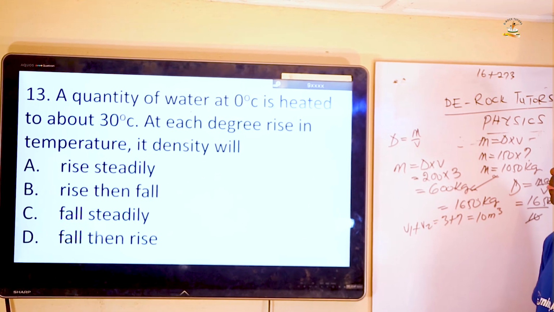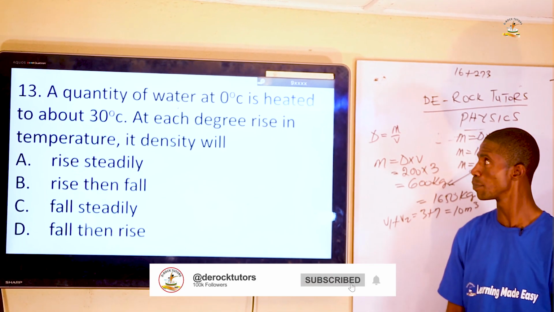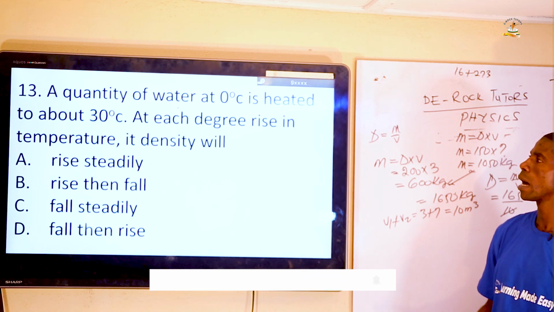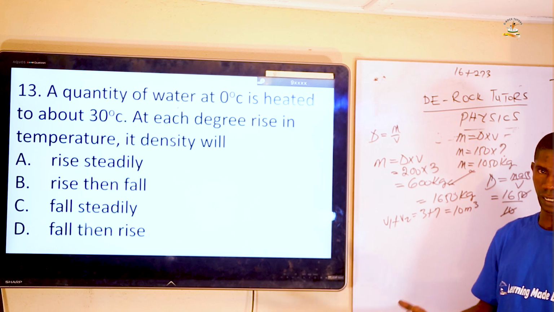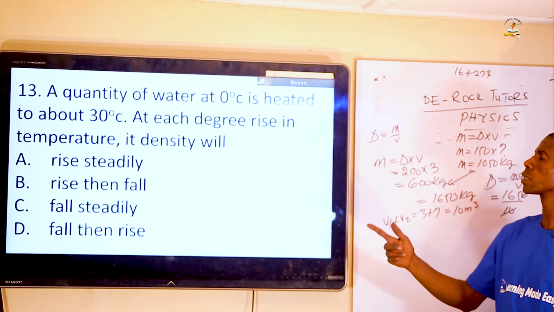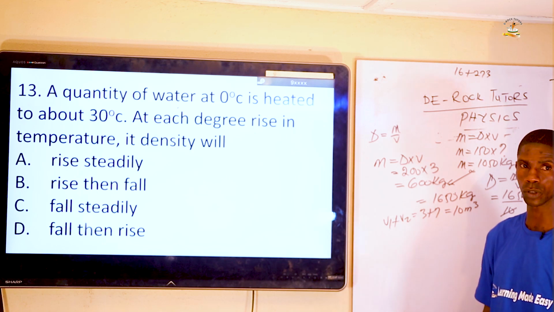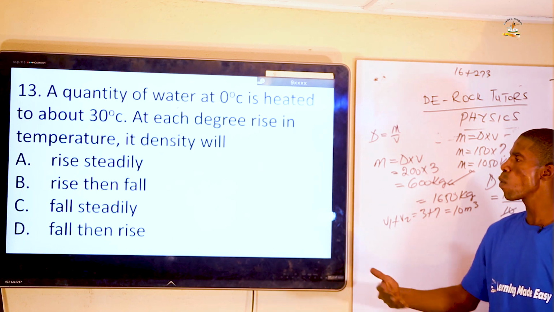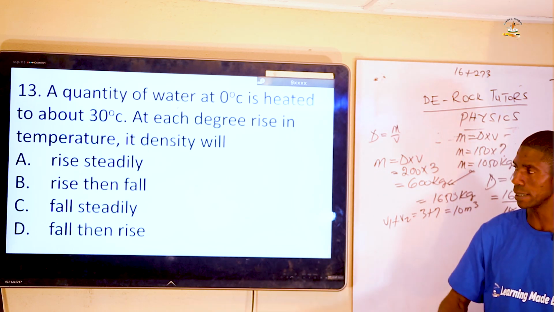We're given here that a quantity of water at 0 degrees Celsius, that is the initial temperature, is heated to about 30 degrees Celsius. One of the effects of heat is expansion. But the question says at each degree rise in temperature, the density will do what? When we have an increase in volume, there should be a decrease in density.